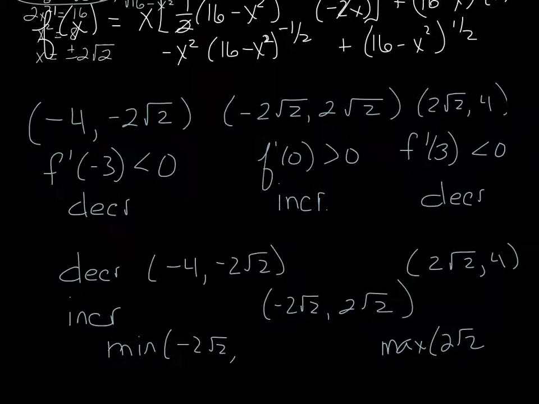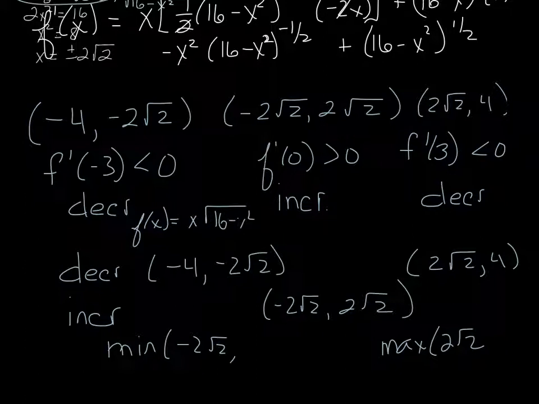And so now, if we go back in, and I've lost my original equation because I pushed it off, it is f of x equals x times the square root of 16 minus x squared.